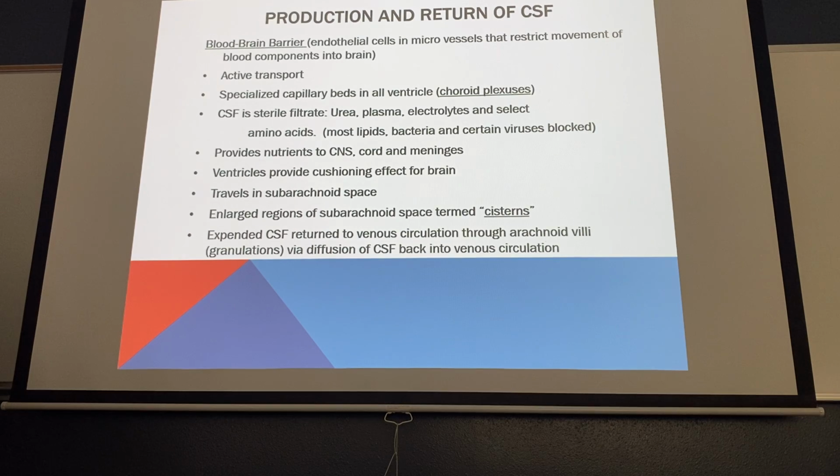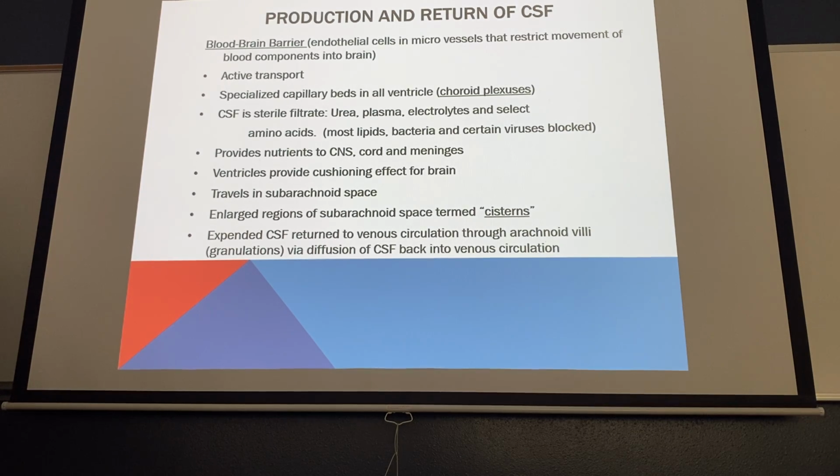First of all, the creation of CSF is going to be an application of what we refer to as the blood-brain barrier. The blood-brain barrier is a selective capillary network that is designed to allow certain things to enter into the formation of cerebrospinal fluid and keep other things out. Through an active transport process, specialized capillary beds found within all ventricles go through a process of filtration.